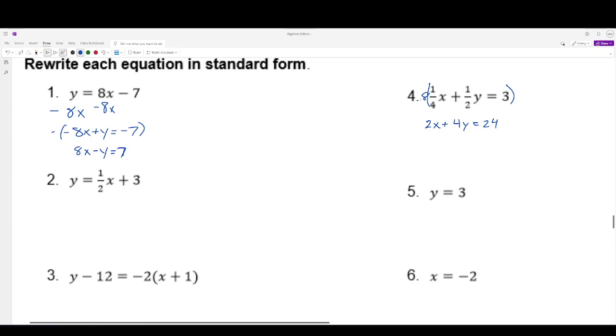So instead of multiplying by 8, we should have multiplied by the smallest number that 4 and 2 both divide into, which is 4. So that would instead give us, I'm going to go ahead and rewrite it then, now that we understand. So multiplying by 4 instead of 8 will mean we get the best answer. 1/4 of 4 is 1, so I just have x, plus 1/2 of 4 is 2y, and then 4 times 3 is 12 on this side.